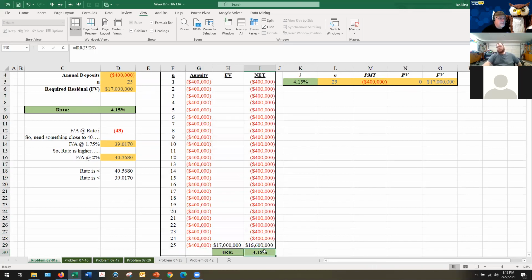If you get more than 4.15% from the bank, cool, you're going to have more than 17 million and you pocket the rest. Because remember, this is the break even rate when all these outflows match this inflow at the end. So getting the rate, either by putting in the payments and the future value at 25 periods gives you that, and just putting it in a big table and giving the IRR gives it that.